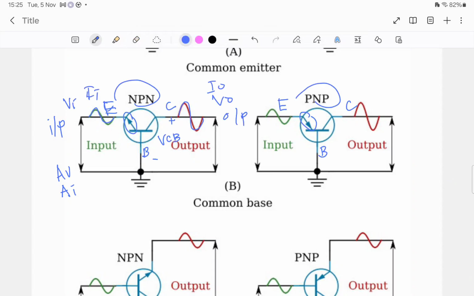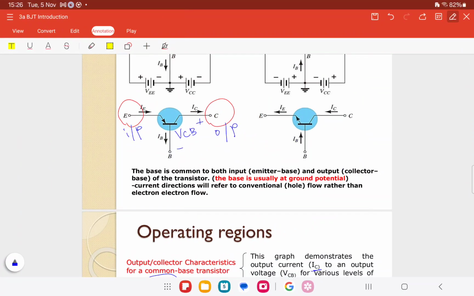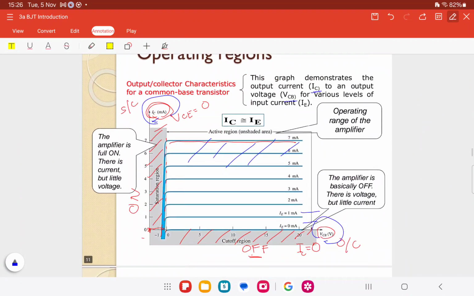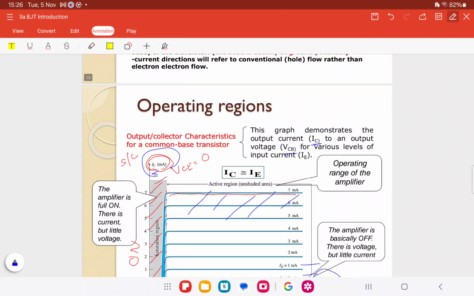Sebab tu kita ambil IC, sebab kita nak dekat output. IC dekat belah sini, VCB pun dekat output juga. Okay, sebab tu dia punya IV karakteristik tadi, IC versus the VCB. Okay, ini untuk common base.